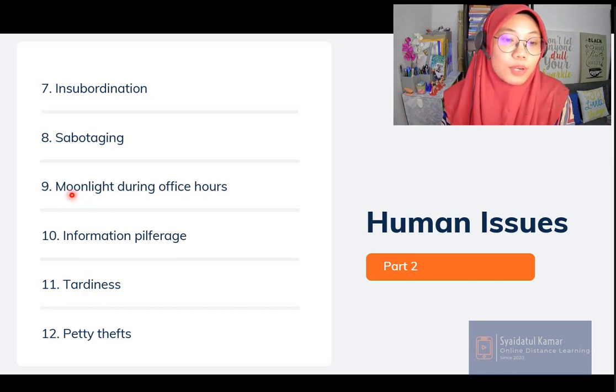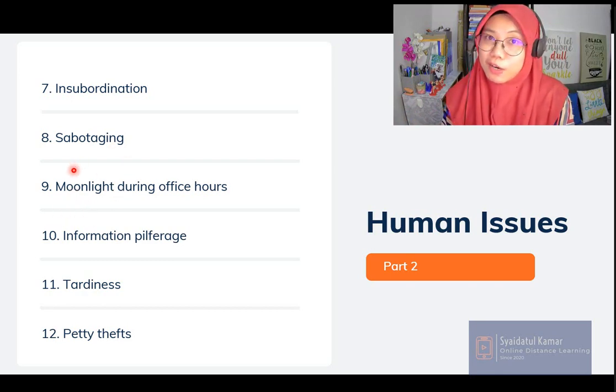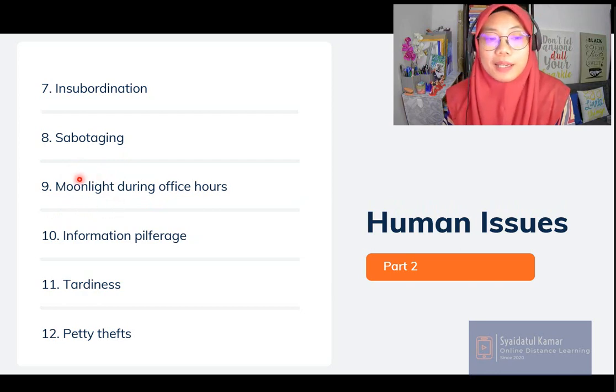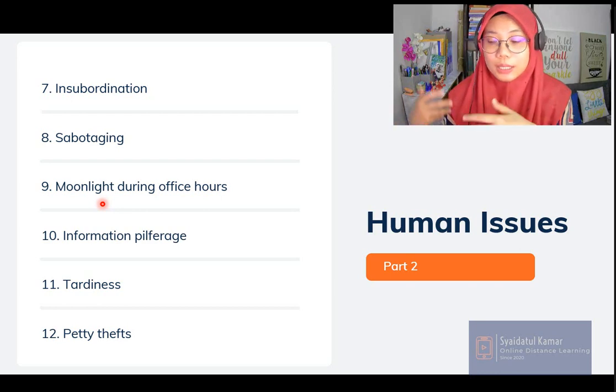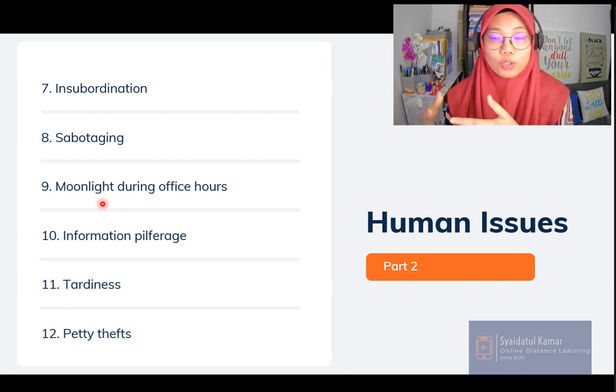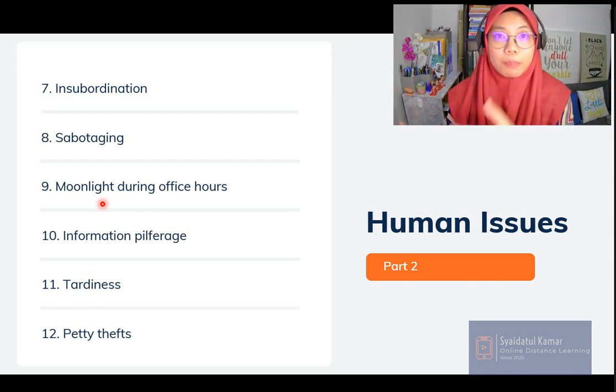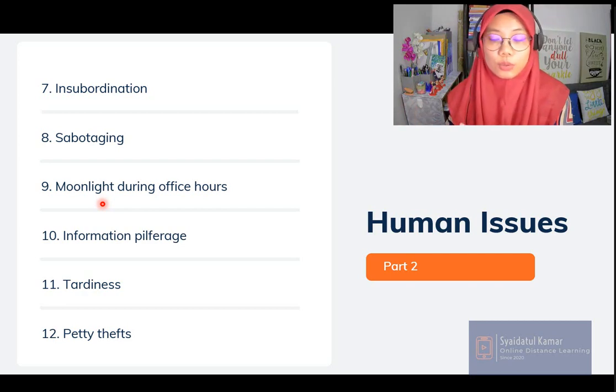Okay, number 9, moonlighting during office hours. This is a very fancy term, but the act itself is not fancy. Moonlighting means you carry out multiple jobs at the workplace. So you don't just perform the job that you have been paid or hired to do, but you also perform other jobs as a side job.